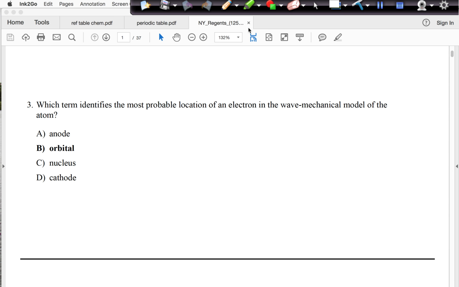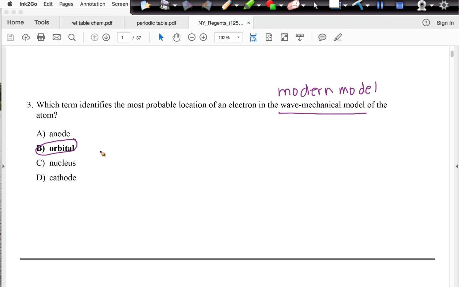For number 3, it says, which term identifies the most probable location of an electron in the wave mechanical model of the atom? Remember we said that they can also call this wave mechanical model the modern model. And this modern model of the atom says that electrons are in orbitals outside the nucleus.